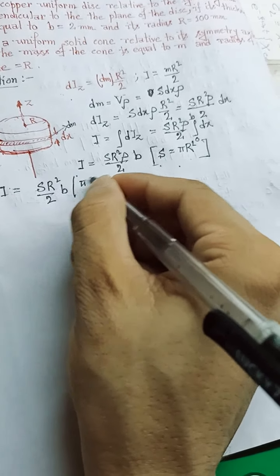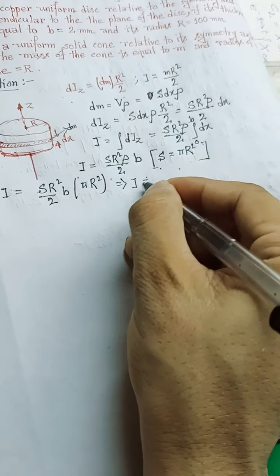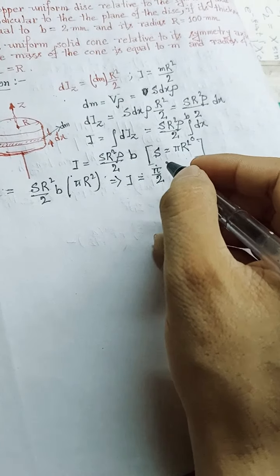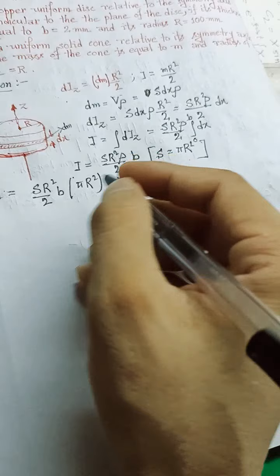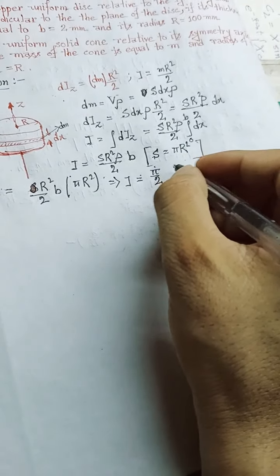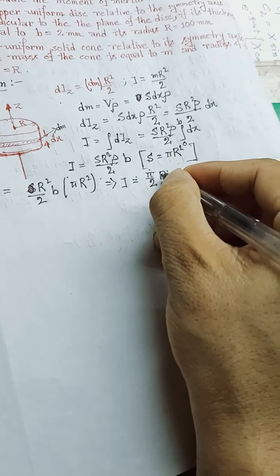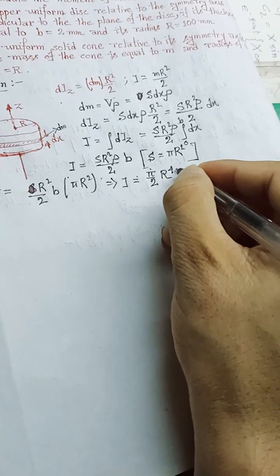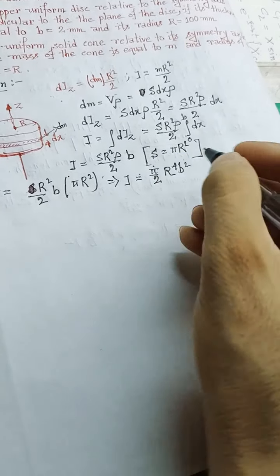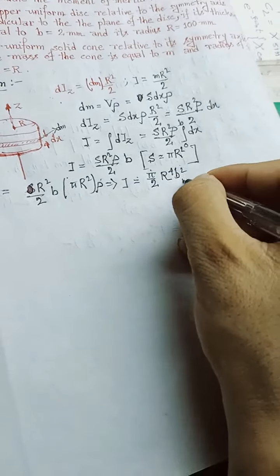After substituting, the total moment of inertia will be r square divided by 2 into b multiplied by pi r square, which becomes I equal to pi divided by 2 r to the power 4 b, and as there is rho, we have to include rho here.